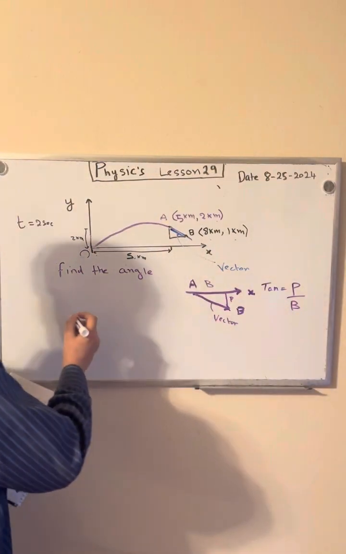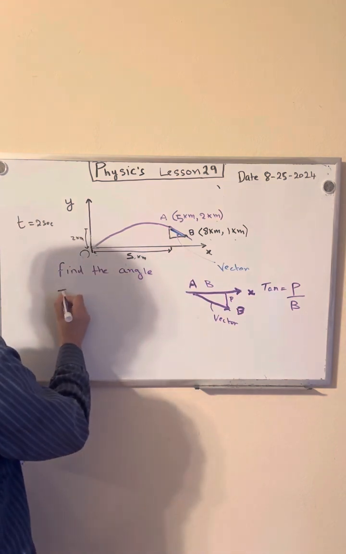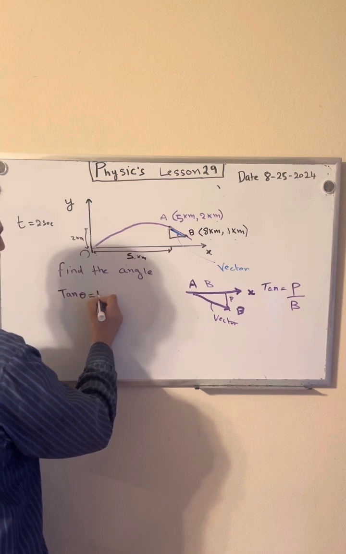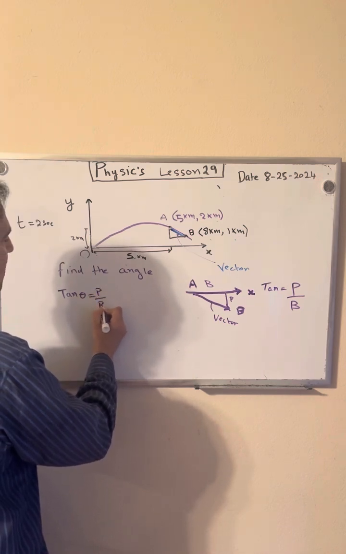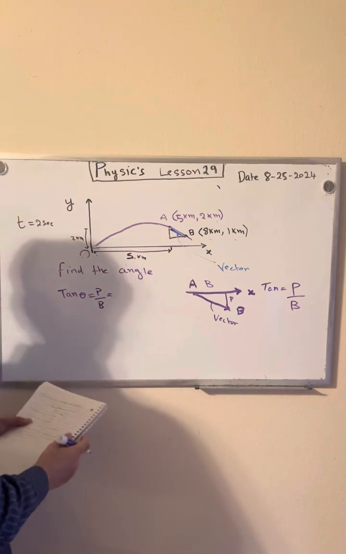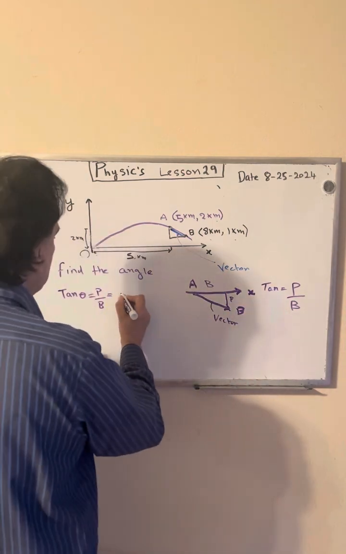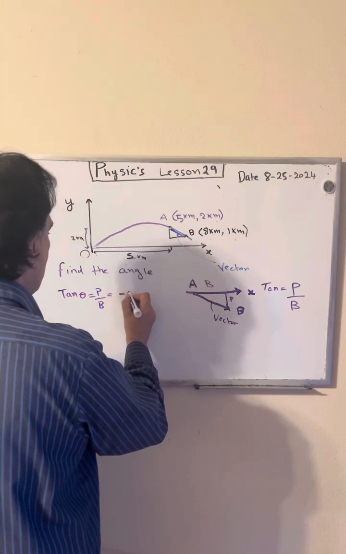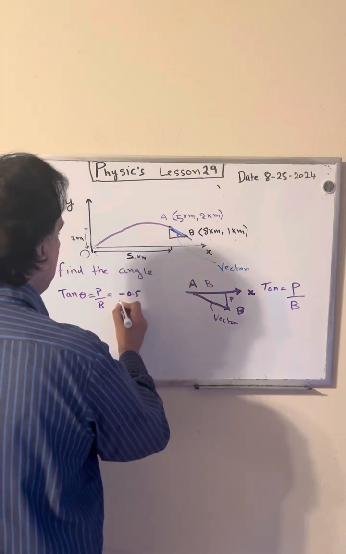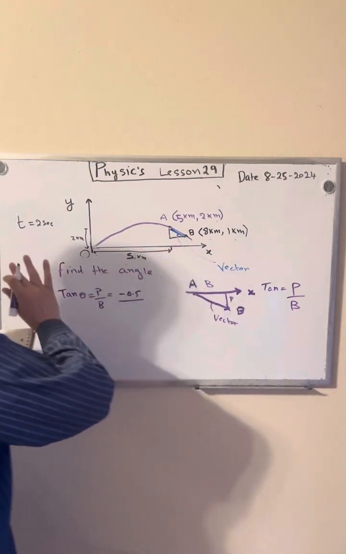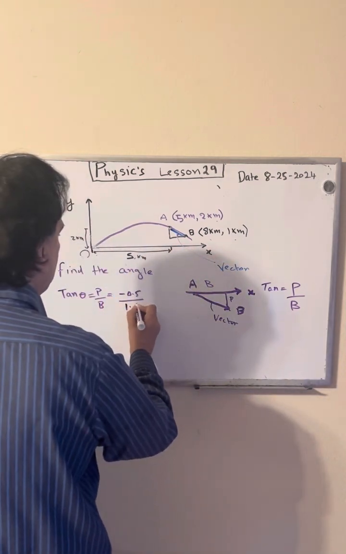So in this case, what I can say is tangent theta is equal to perpendicular over base. What is perpendicular in this case? Perpendicular we calculated in the last section was negative 0.5, and what was base? We calculated in the last section, I just erased it, 1.5.